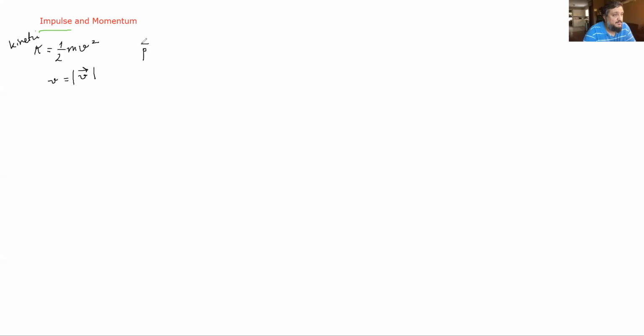Now you may remember the letter P from energy. Power also is P, but power was a scalar quantity as well. This P, small p, stands for momentum, and it is a vector. I just take mass and velocity and multiply them. That's the definition of momentum, simple as that.